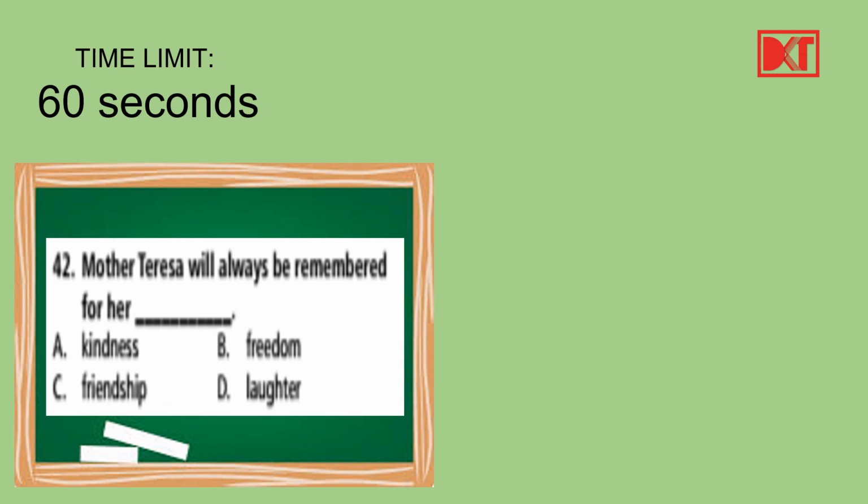So we can say that Mother Teresa will always be remembered for her kindness, because kindness was a very significant trait when we think about Mother Teresa. All these are abstract nouns. Why? Because we cannot see them or touch them or hear them or smell them. They are intangible in nature.